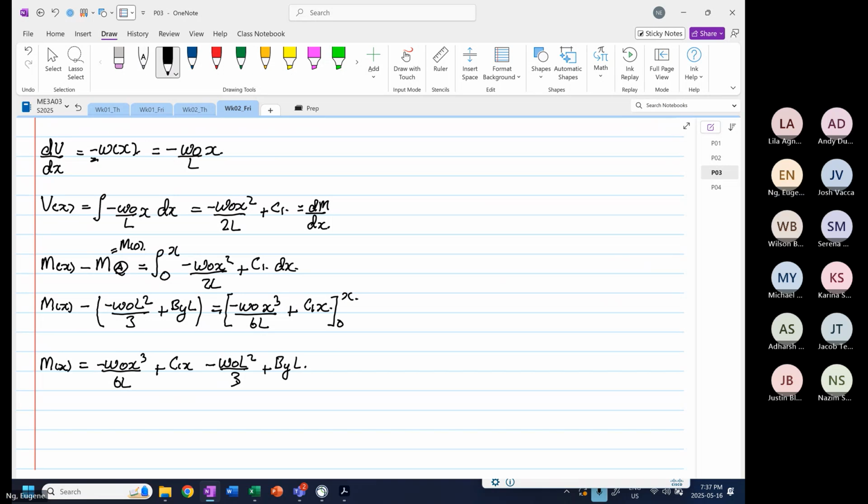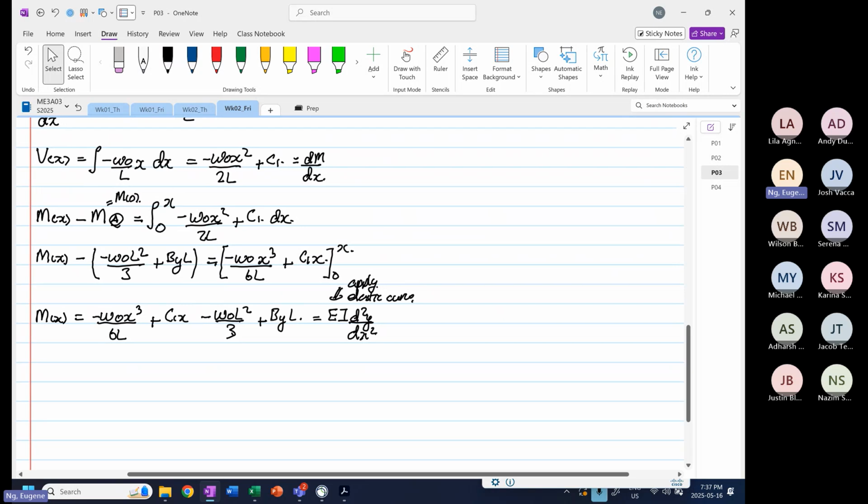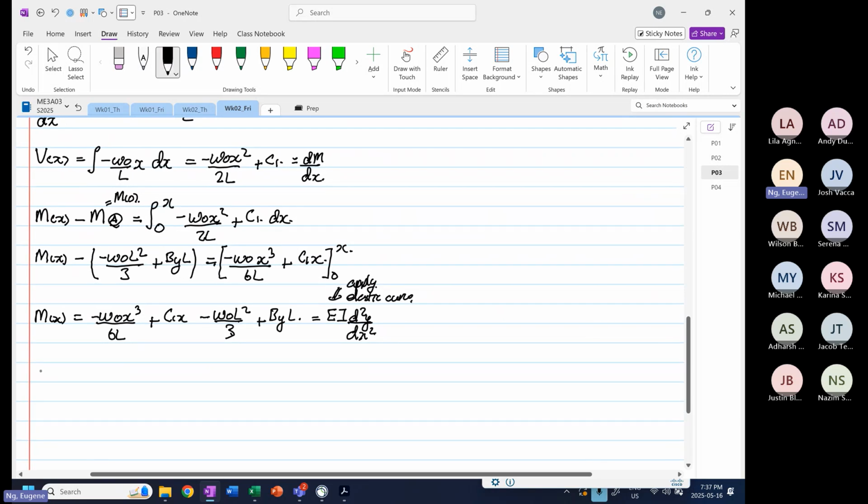Okay. So then we are going to apply the elastic curve. So EI d squared y over dx squared. So at this stage, this is where we apply the elastic curve. Okay. So from here, we can write down, we integrate the EI theta or EI dy by dx.